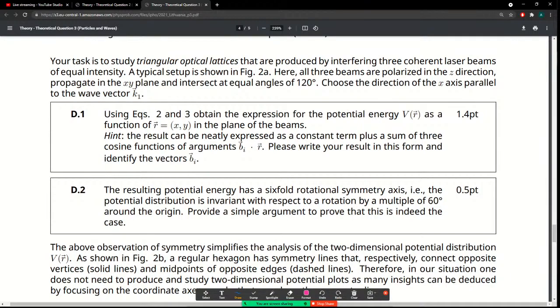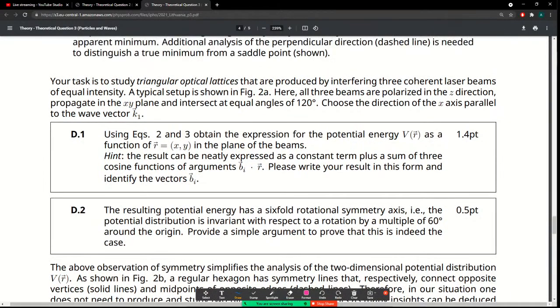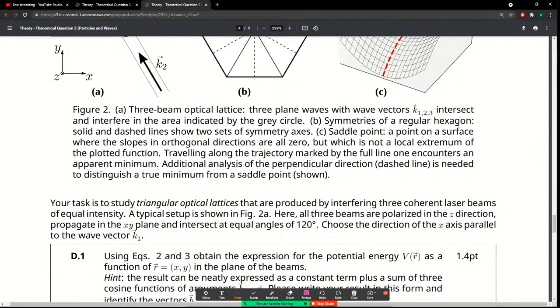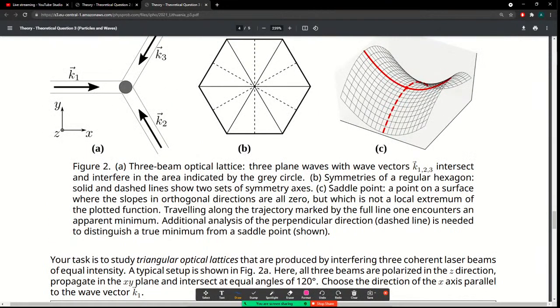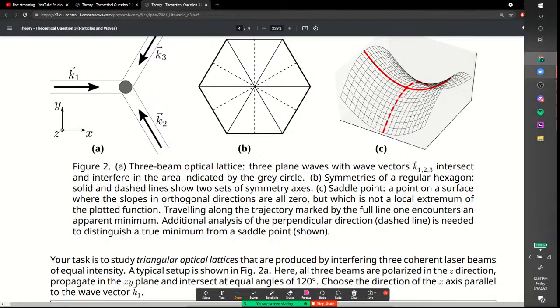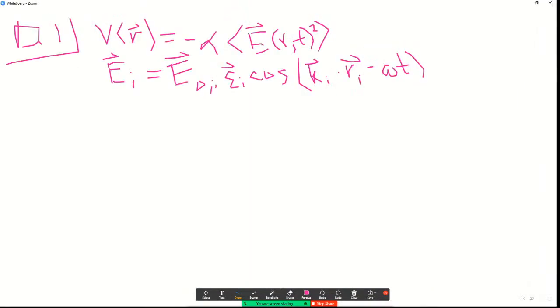Well, I guess the first thing is to find the total electric field at the point where all the waves coincide. Yes. So it would be, wait a minute.